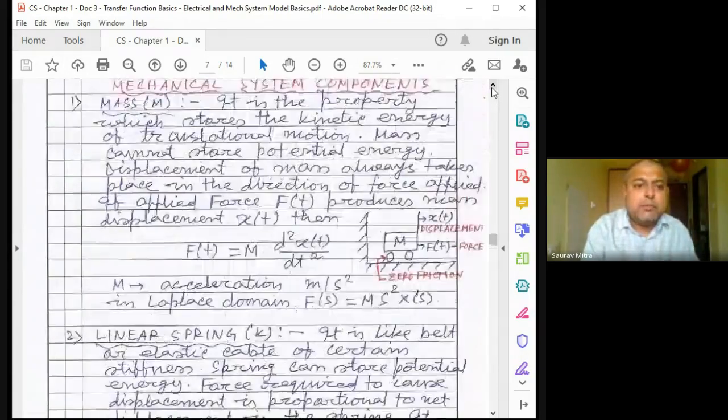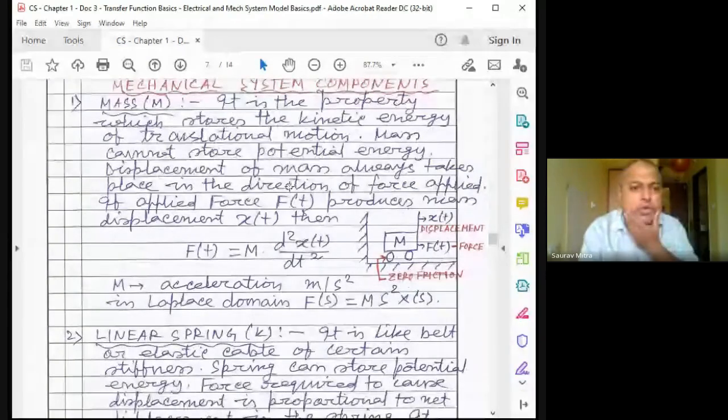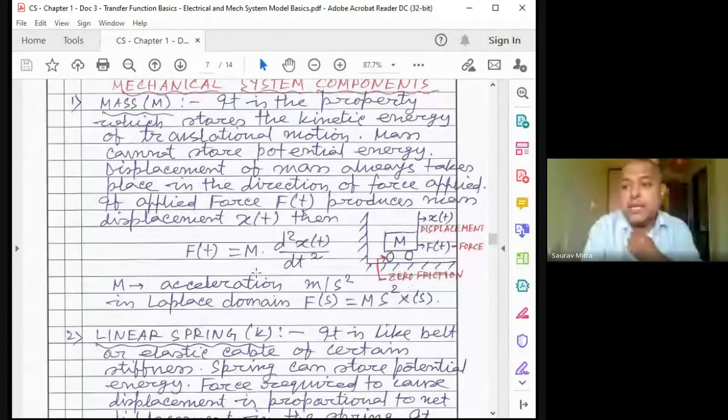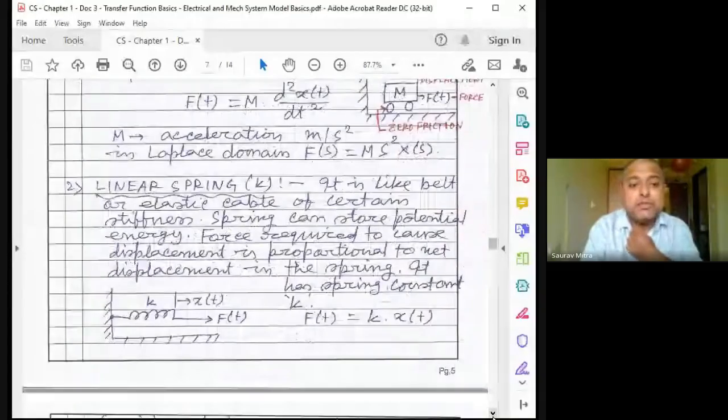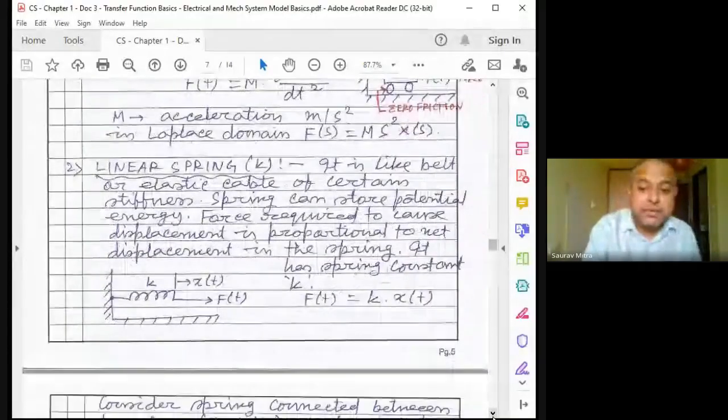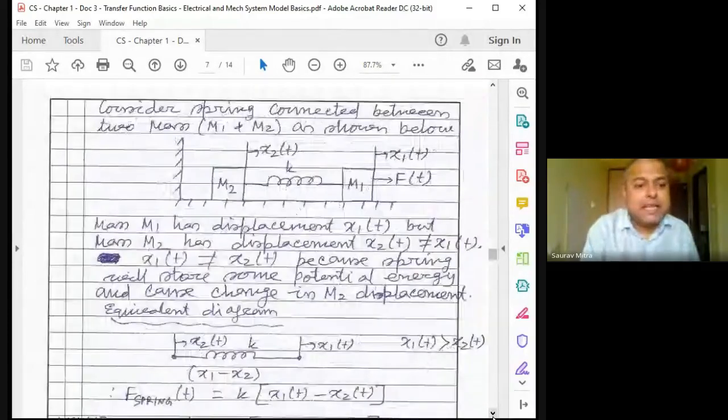So spring is an energy storing element. Mass is also storing energy, and it is storing kinetic energy. It cannot store potential energy. So mass will be equivalent to L, the inductor in the RLC circuit. We will see that. And spring is equivalent to 1 upon the capacitor of the RLC circuit.